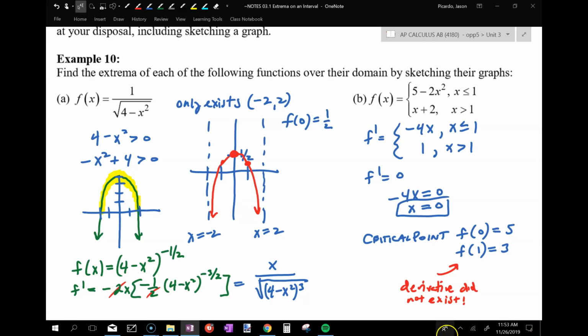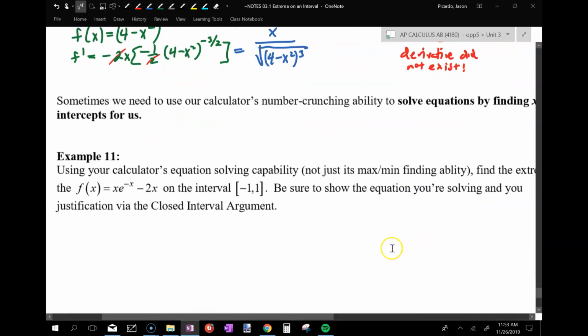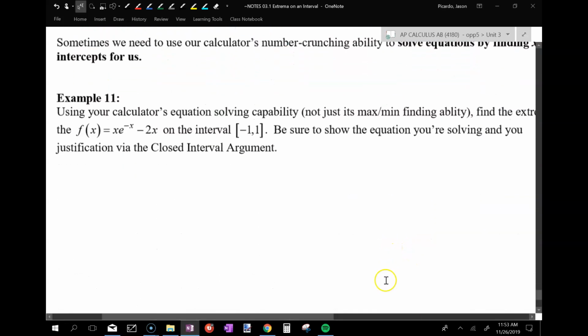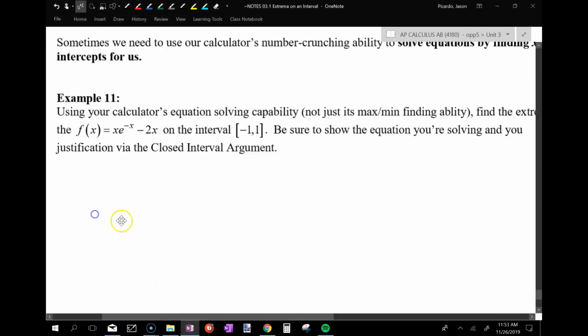All right, last problem. And I'll do this one relatively quickly, guys. This is going to be all calculator, okay? It says use your calculator's equation solving skills to find extreme values, right? So what do I need to know? Well, I want to know this and this to get my endpoints.